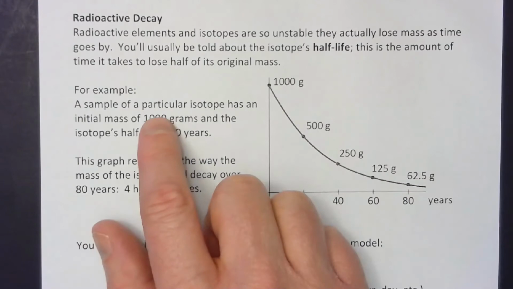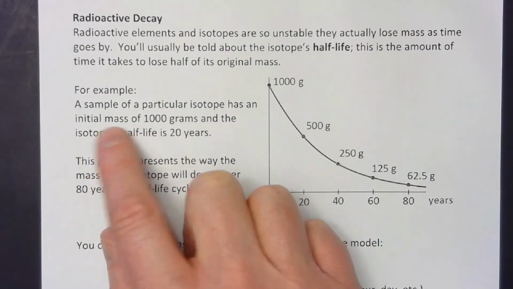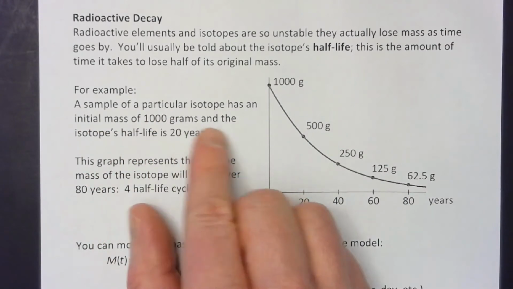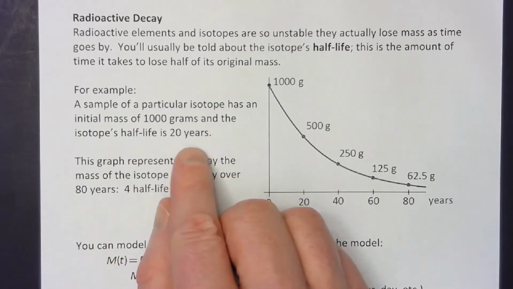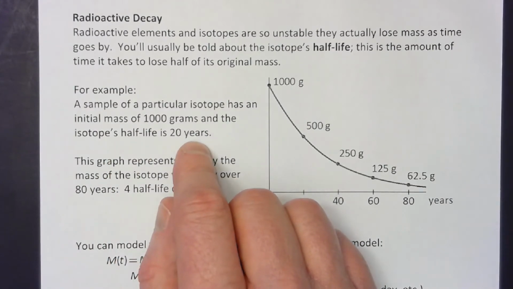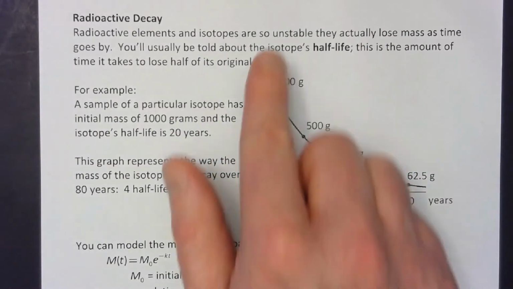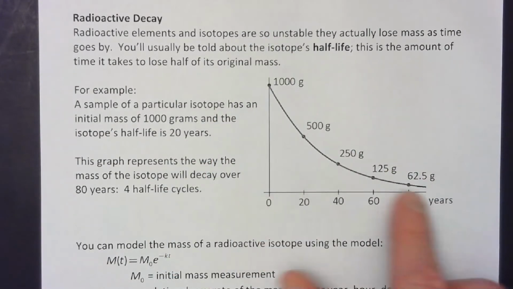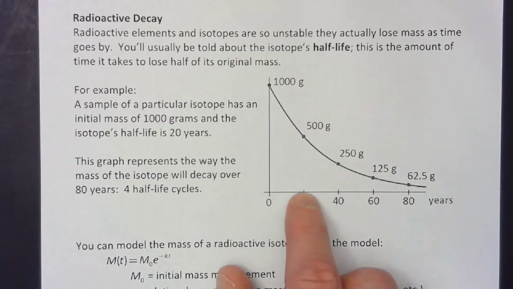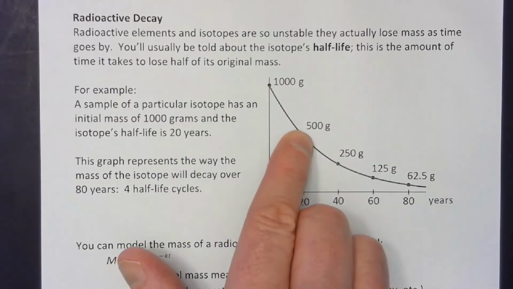For example here, let's say I tell you that some initial mass of 1,000 grams has a half-life of 20 years. Okay. Then if I try to scale out what the size of this mass would be over years, notice every 20 years it cuts in half of its size.